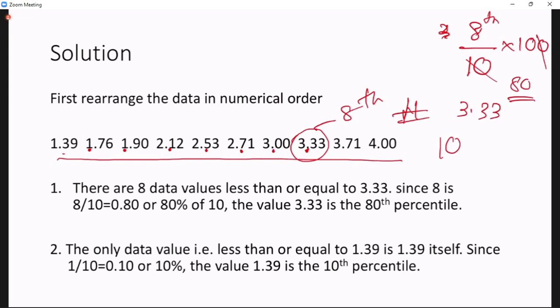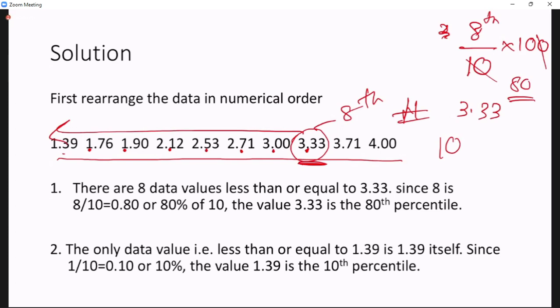Okay, which means there are 8 values that are less than or equal to this value 3.33. Understand? 8 values upon 10 are less than or equal to 3.33.